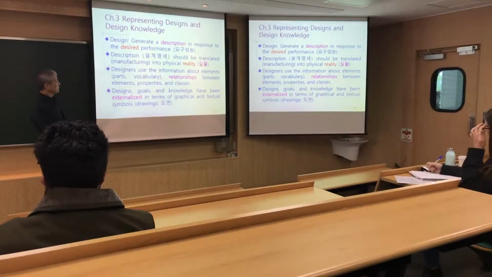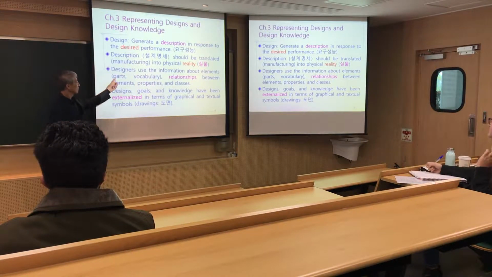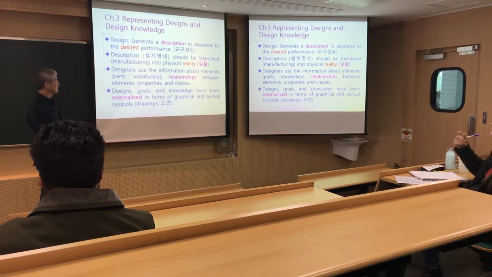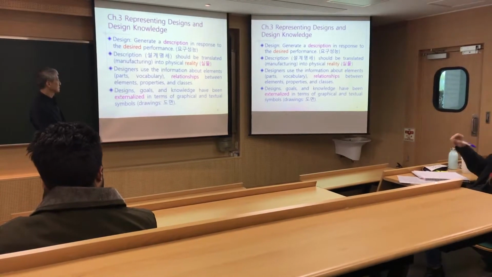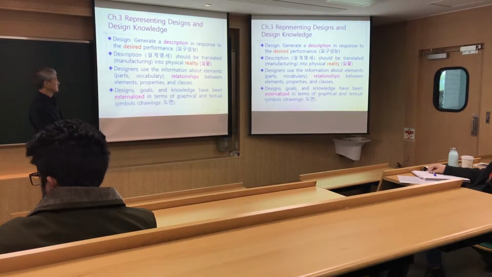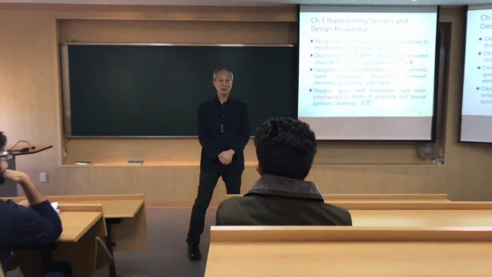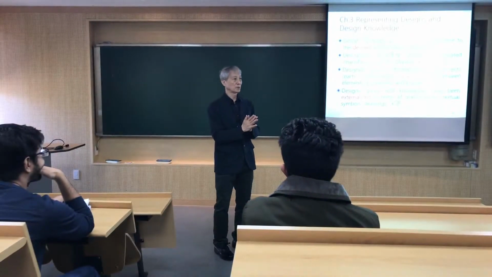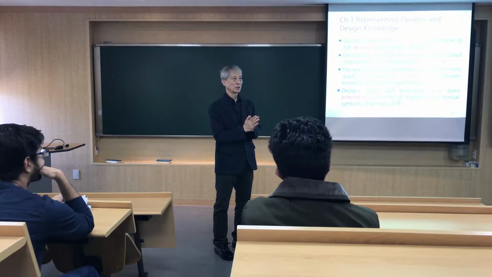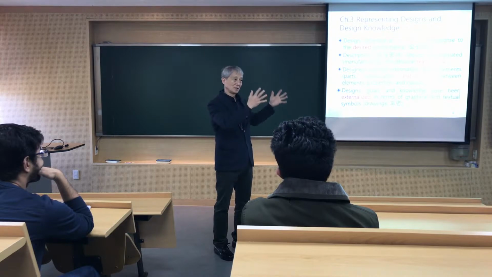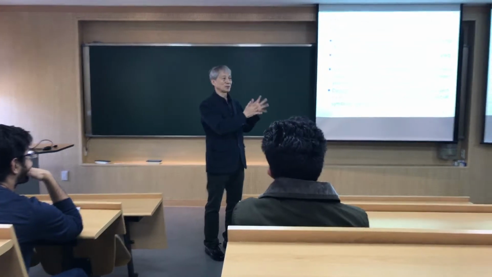Designers use information about elements. Elements can be a part of vocabulary and the relationship between them, and also properties and classes. So brochures, catalogs, parts catalogs are very important for designers. In old days, the experienced designer had his own box of catalogs.